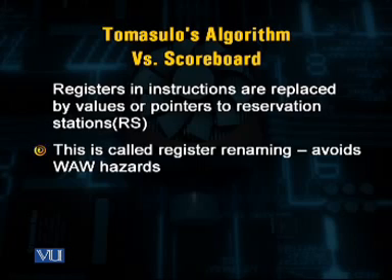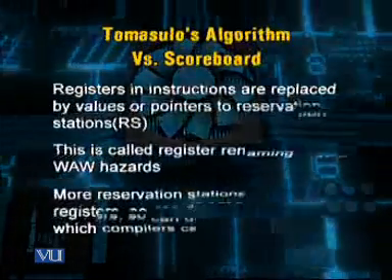This functionality is known as register renaming, and this technique is used to avoid the write after read or write after write hazards. We will talk about this in details when we will consider an application and an example during our discussion.